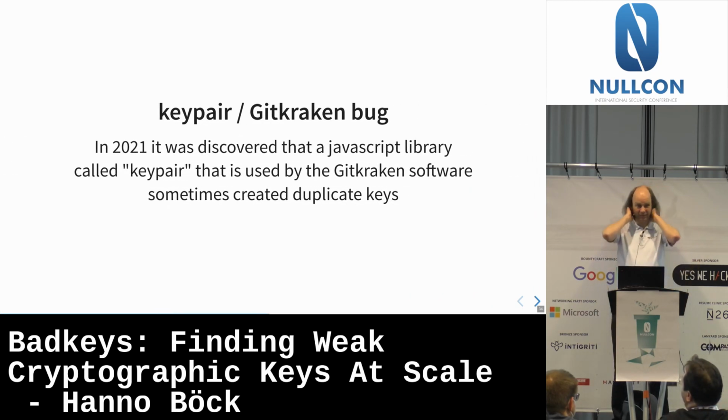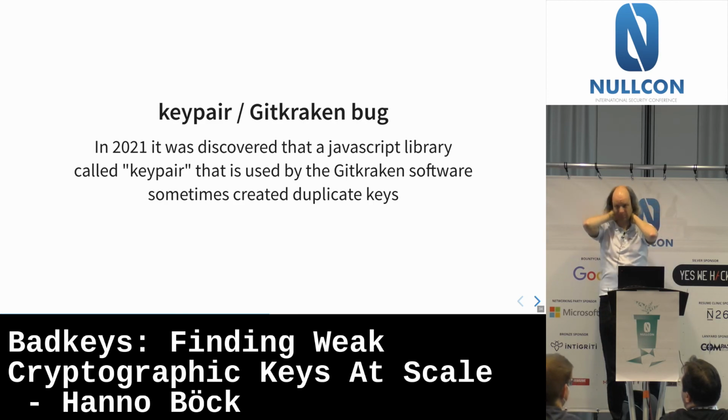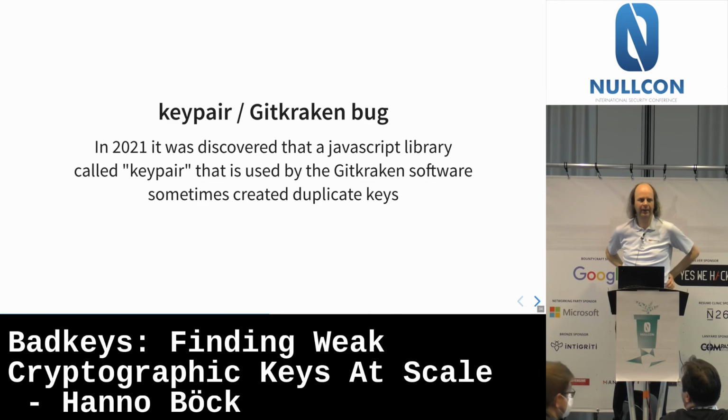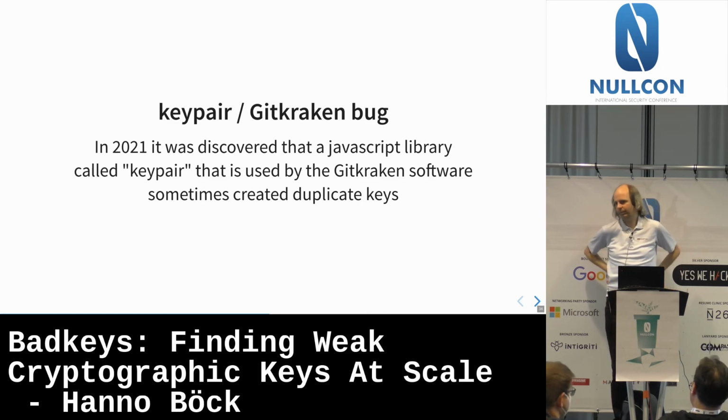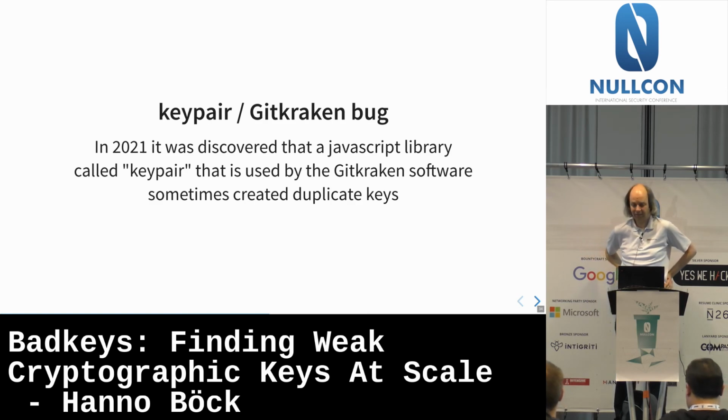And then, which I already mentioned earlier, was kind of the motivation for doing all of this. There was this bug in the keypair library, which was discovered last year. It's a library in JavaScript which can generate RSA keys. And it happened that apparently this library sometimes produced the same keys. So you had duplicates.